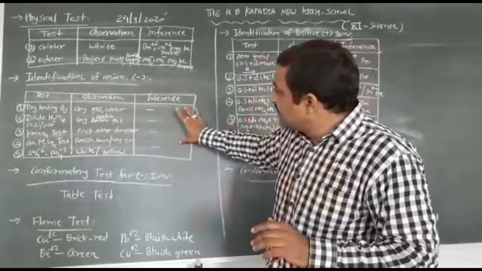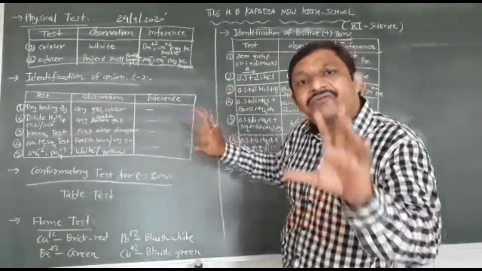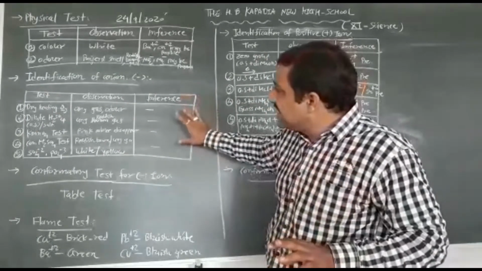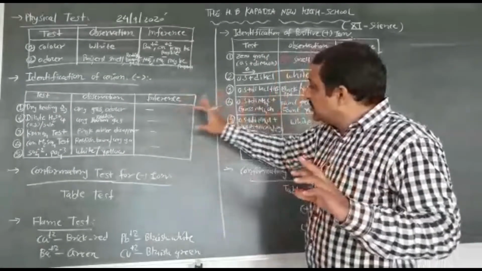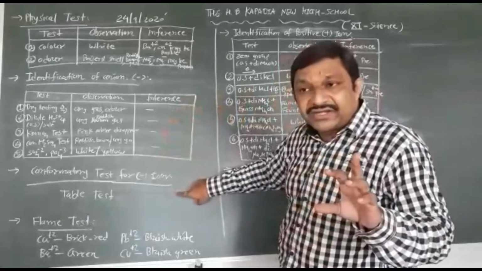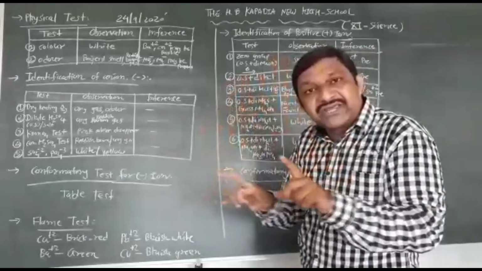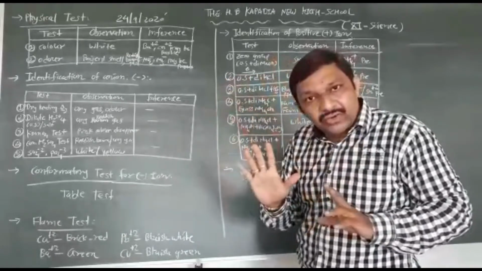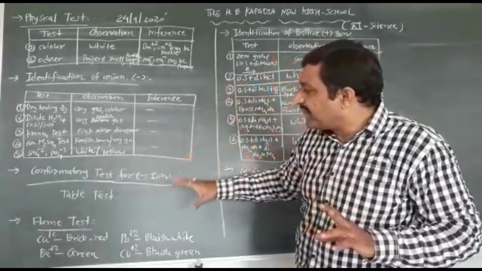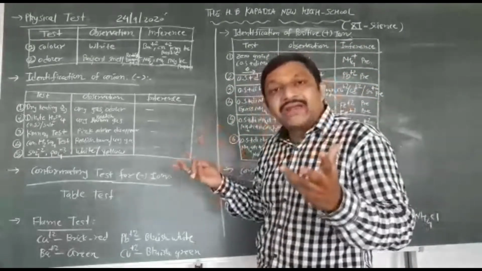Suppose you get Cl minus in identification of anion. If you catch Cl minus, then in the confirmatory test you have to follow the Cl minus table test in the manual and perform the confirmatory test for chloride.